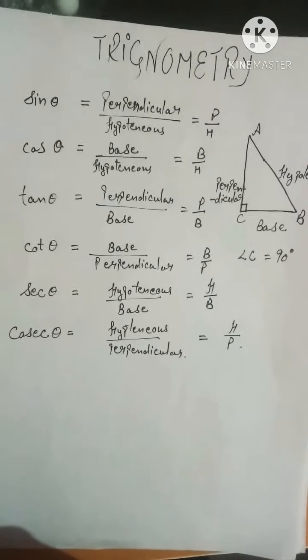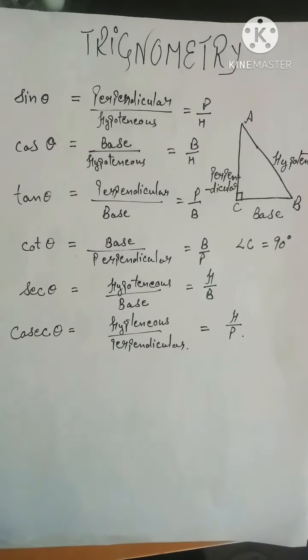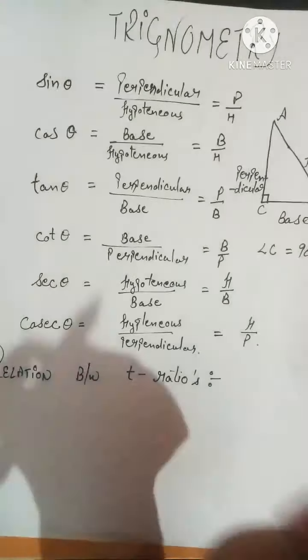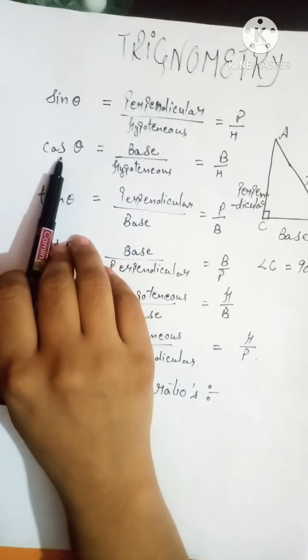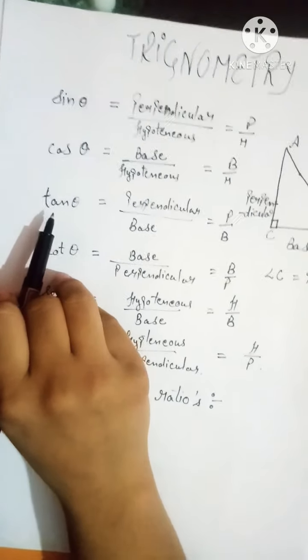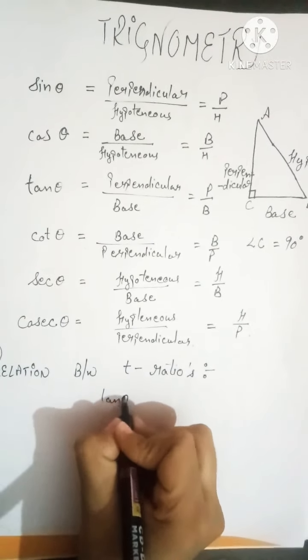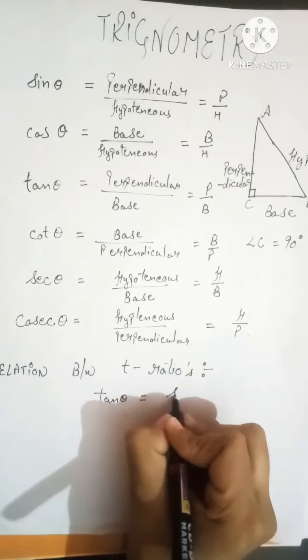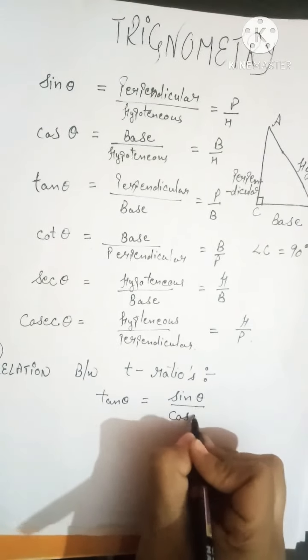Now let's start. What's the relation between these t ratios? Firstly, there is no relation between sin theta and cos theta. Now let's come to tan theta. Tan theta is related to sin theta and cos theta as sin theta over cos theta.